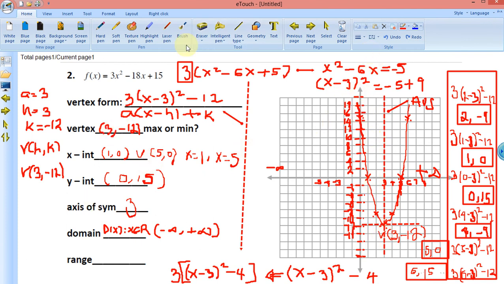So the range, I can write that as R of y, because it is the y value, such that y also belongs to all real numbers. It's a closed set because that's the starting point, minus 12. So from minus 12, it goes up and extends like that to plus infinity. Hope you see this is open, this is closed, square brackets.